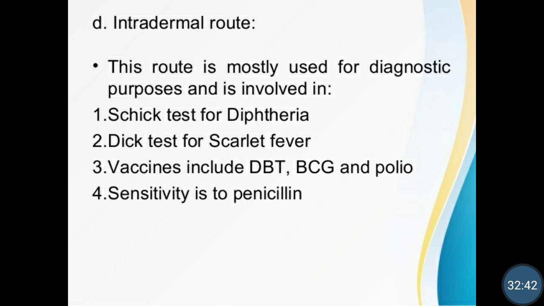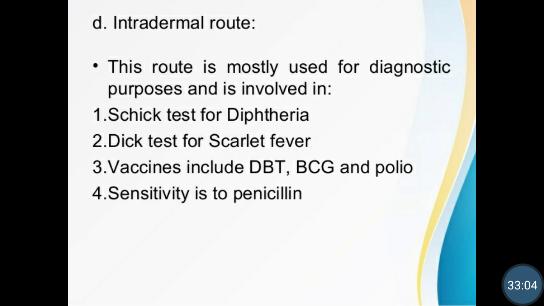So the Schick test for diphtheria, the Dick test for scarlet fever, some vaccines like DPT, BCG and polio, or the sensitivity test for penicillin is done by this route.